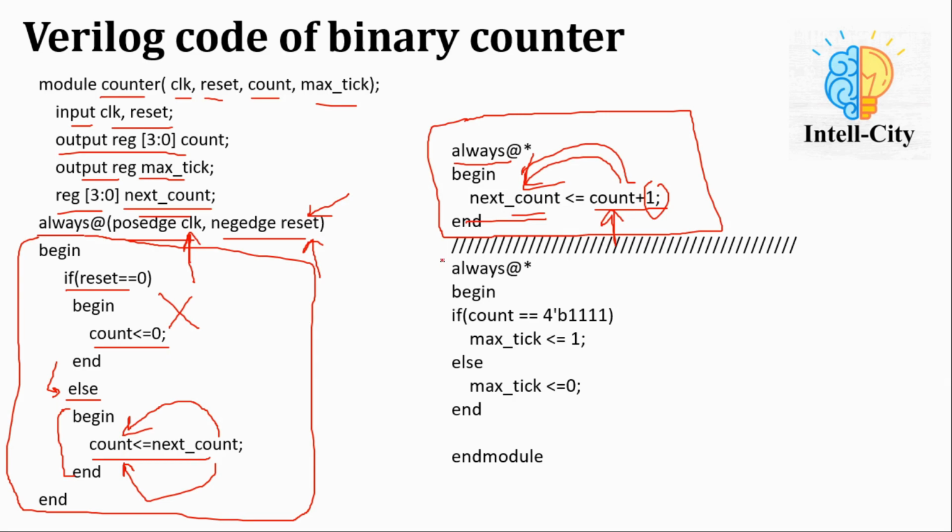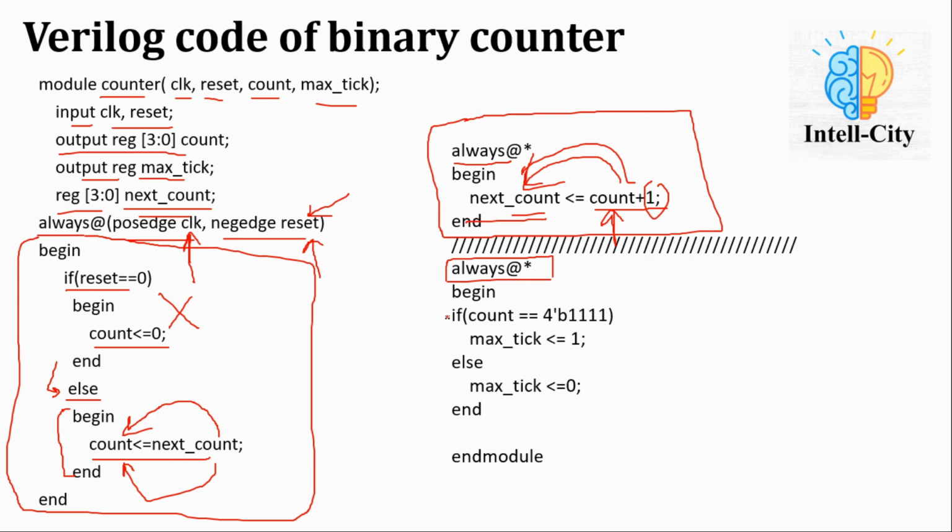Okay, now the final block. Now we are moving to the final block, that is the output logic block. The output logic block is also combinational in nature. So what we need to do is write always @(*), so that it will automatically include all the involved variables on which the always statement should depend.